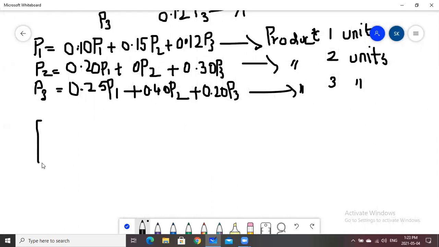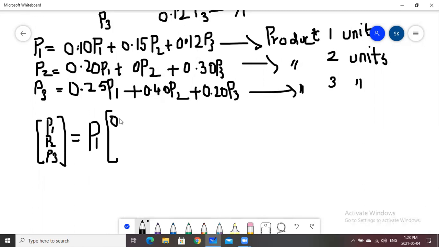If we change this into the matrix form, we have P1, P2 and P3 equal to, now P1 appears with 3 different values, so we write P1 outside the matrix.